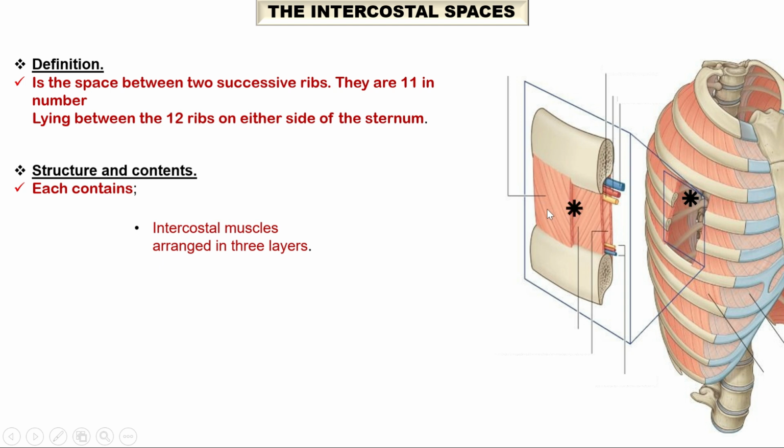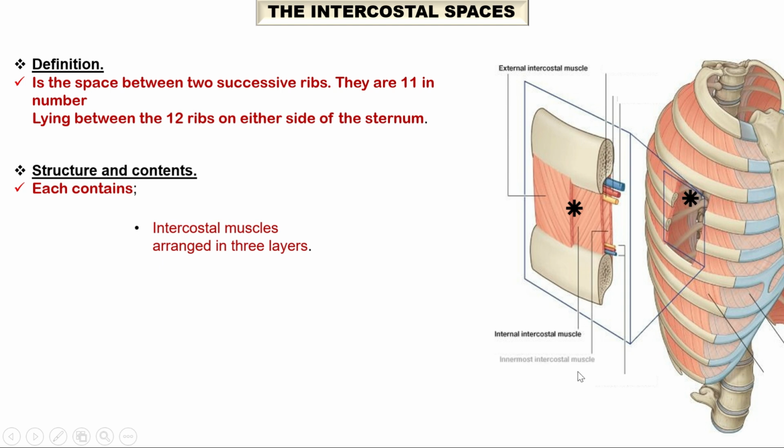So these are the intercostal muscles, and their layers are: one is the external intercostal muscle, which is on the outside, and as we shall see, one identifier of this muscle is that its fibers run obliquely forwards. And then in the middle we have the internal intercostal muscles, whose fibers run in the opposite direction, that is obliquely backwards.